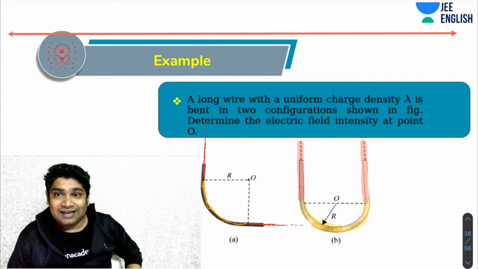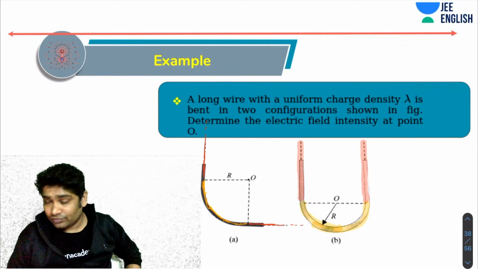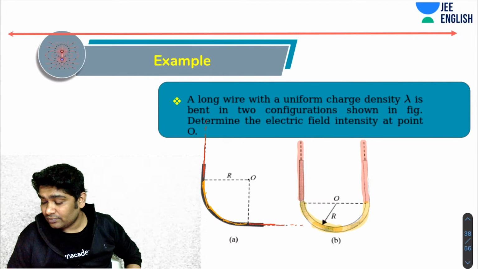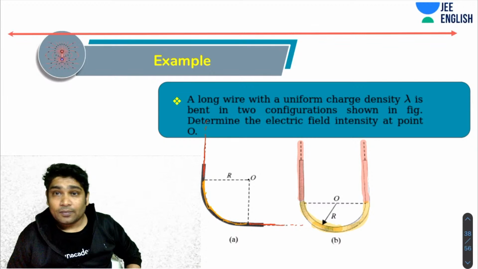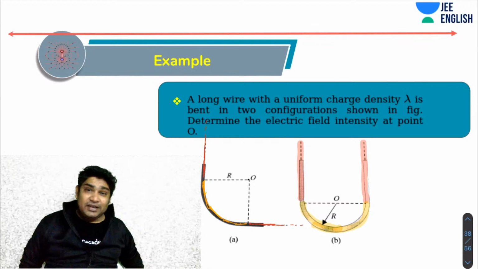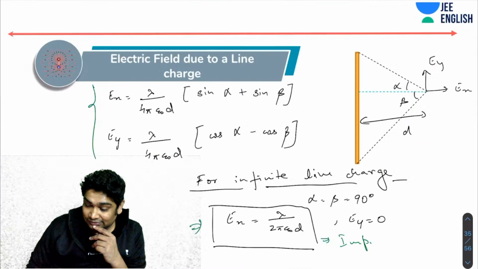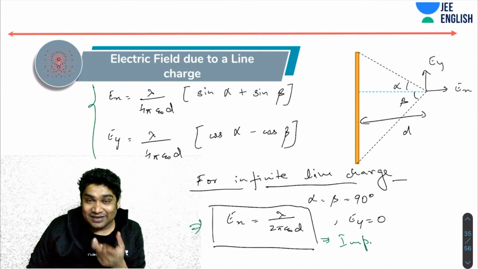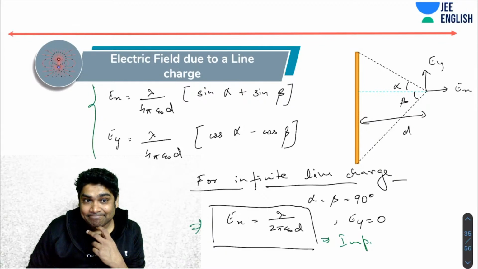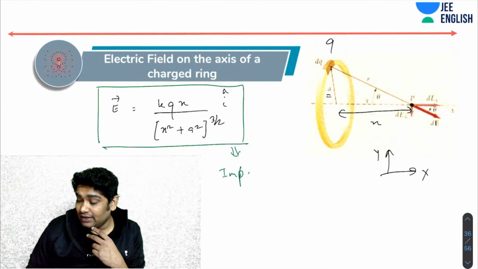Break it into three parts and try and find the answers. For the semi-infinite one, you use the formula that I told you here and put alpha as 0 and beta as 90. Try and solve this.